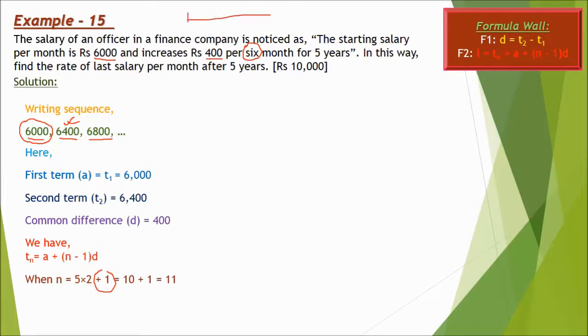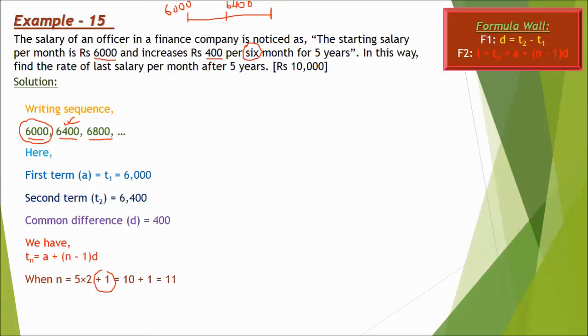suppose on the first of Baisakh, it is 6,000. Then after 6 months, on the first of Asar, it is 6,400. So in a single year, there are 3 different salaries.